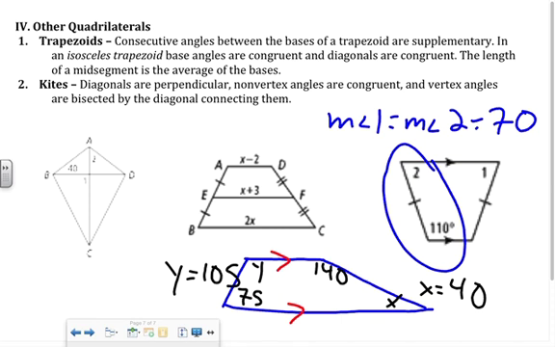One other thing about trapezoids: because trapezoids have two legs, if I have the midpoint of each of them and I connect them, I get a mid-segment. And the length of a mid-segment is the average of the bases. I have that there in the notes, but if you want to highlight it or underline it so that you don't lose track of where that is, think about what it means to take the average of two things.